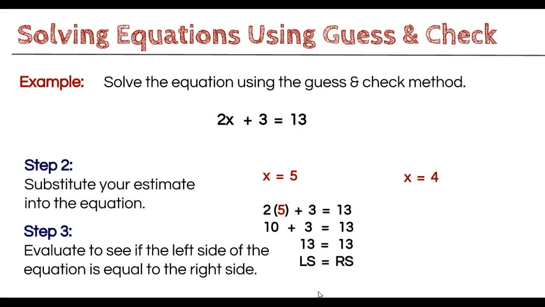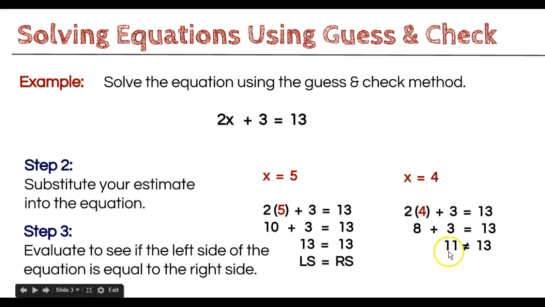So let's just say that I had estimated x equals 4. I thought that would be reasonable for the value of x. I would go ahead and sub it in, and I would evaluate through. At the end of it, what I would see is that the left side of the equation does not match the right side. So I've included a does not equal symbol here, and I can't say that the left side equals the right side.